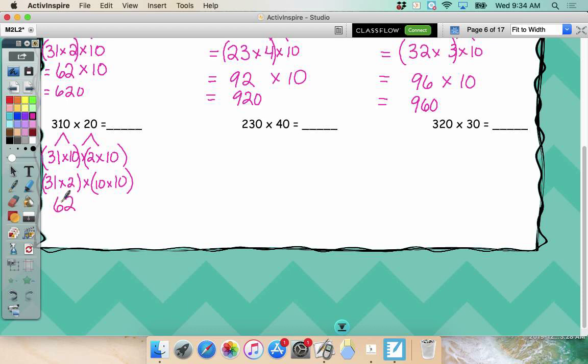What is it? 62. And Ryder, what's 10 times 10? So my answer is 6,200. Now, why are we writing this out instead of doing it in our head like the sprint?